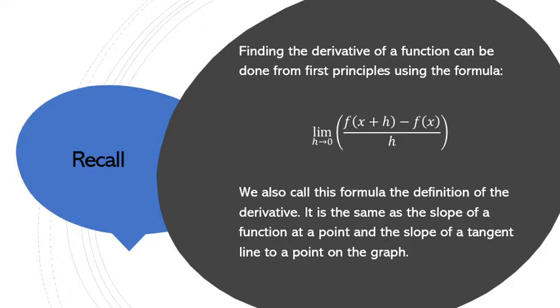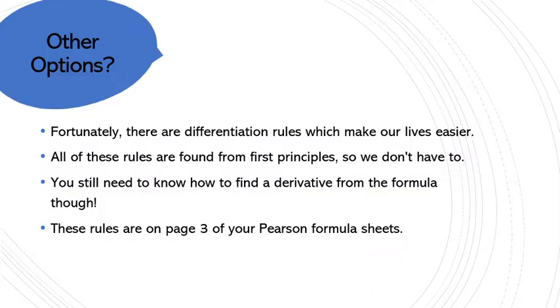And recall, this is also the slope of our function at a singular point, our instantaneous rate of change, and the slope of a tangent line to a point on the graph. Never forget that. Thankfully, someone has already gone through and found a bunch of rules or formulas for us that we can use to make our life easier when we're trying to find a derivative.